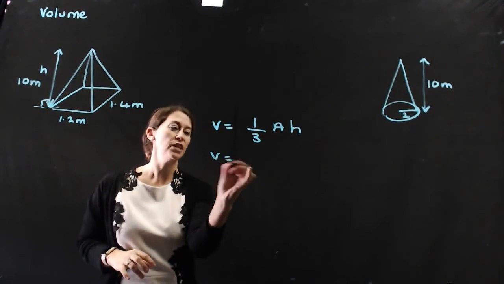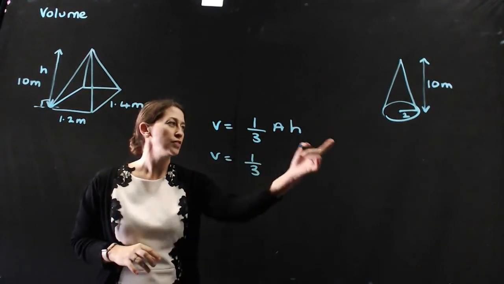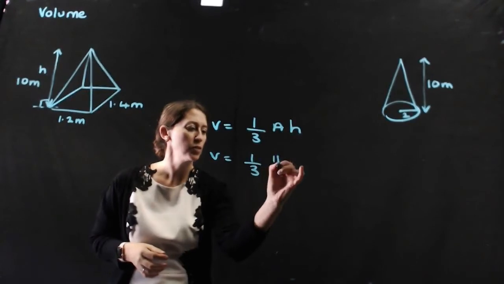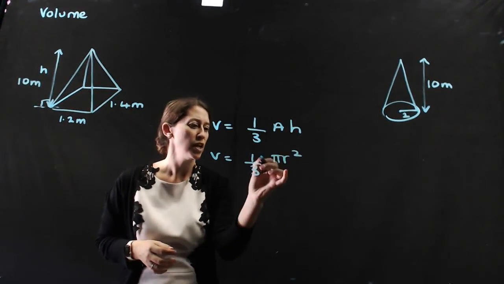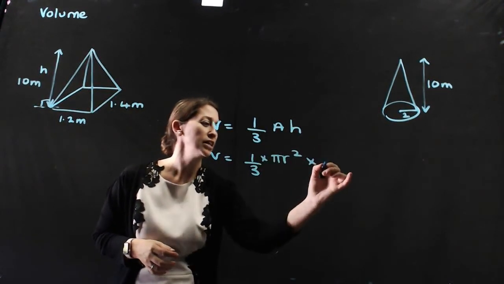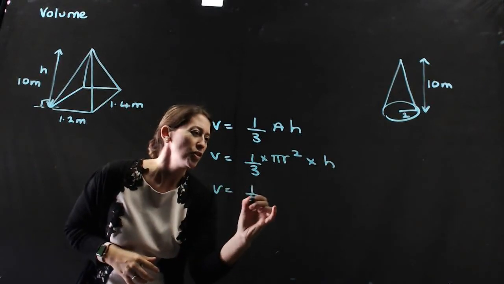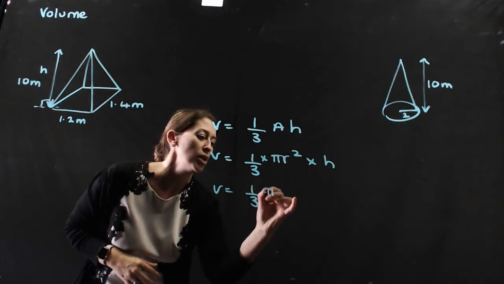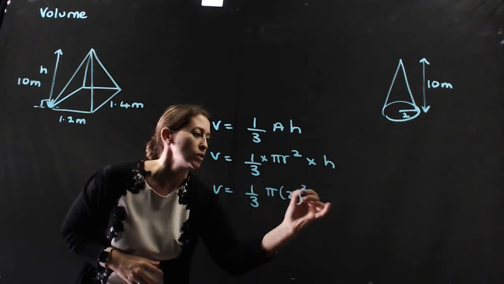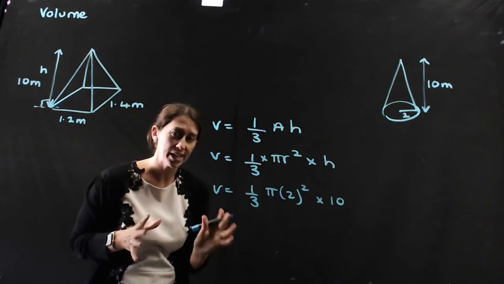What I'm going to do is fill in the numbers. So I'm going 1/3, the area is pi r squared, so I'm going to multiply by pi r squared, and then I'm going to multiply by the height, in this case, which is 10. So let's sub the values in: 1/3 of pi times 2 squared multiplied by 10. Now I'm not going to use the calculator in this case.